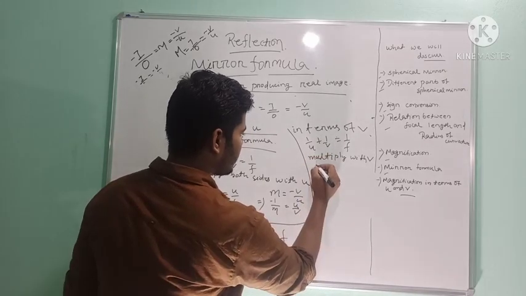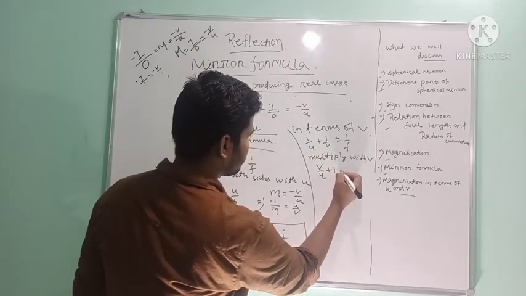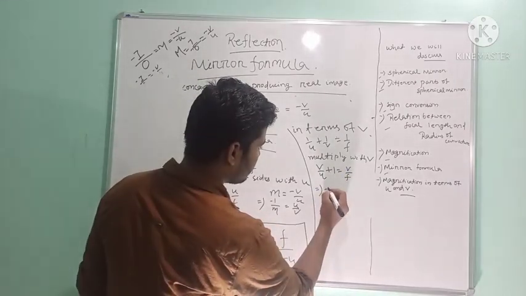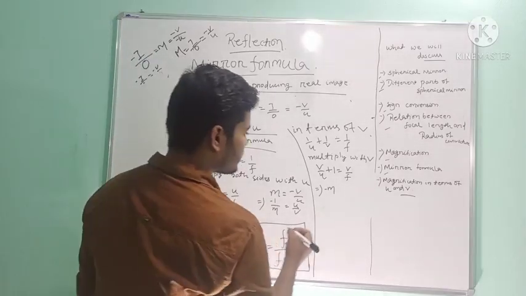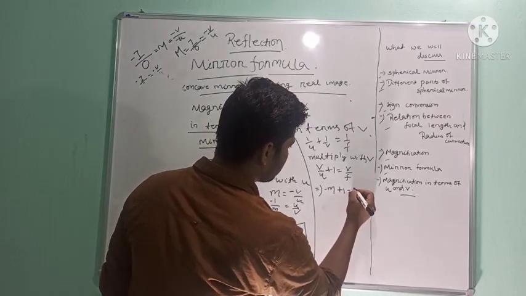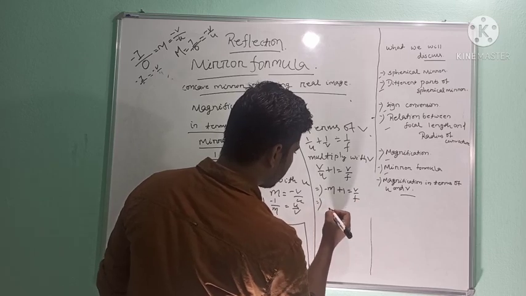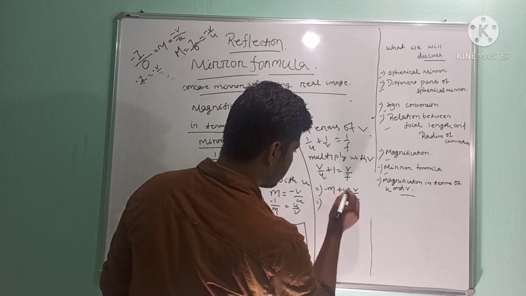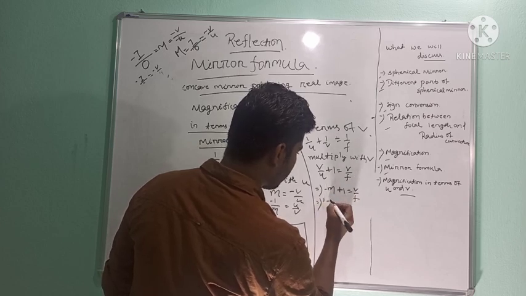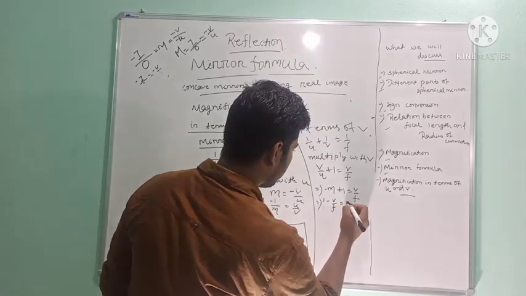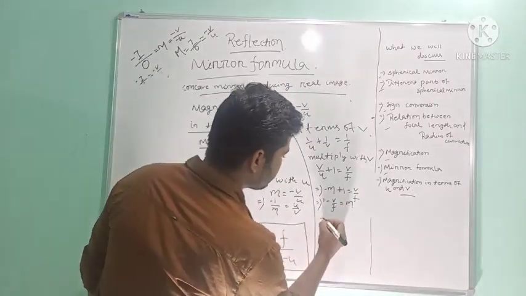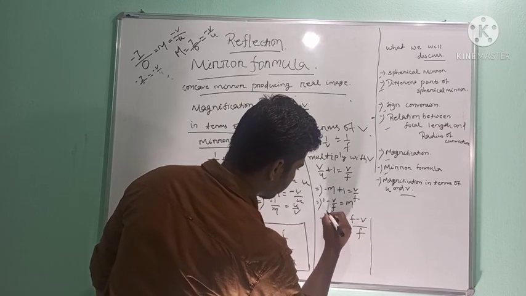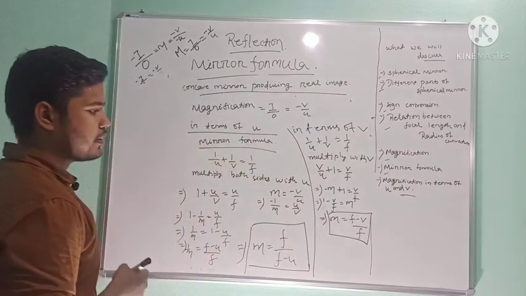So this will be v/u + 1 = v/f. So v/u is equal to minus m, so minus m + 1 is equal to v/f. That's why this will be 1 minus v/f is equal to m. So m is equal to (f minus v)/f, in terms of f and v.